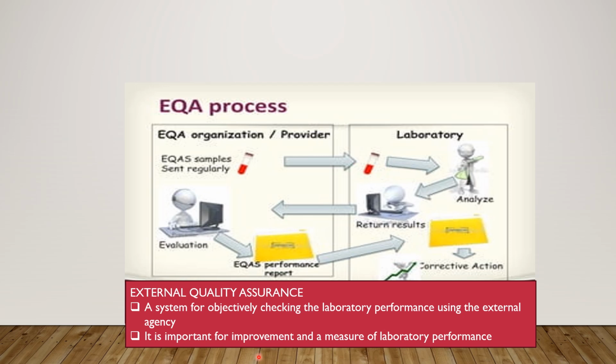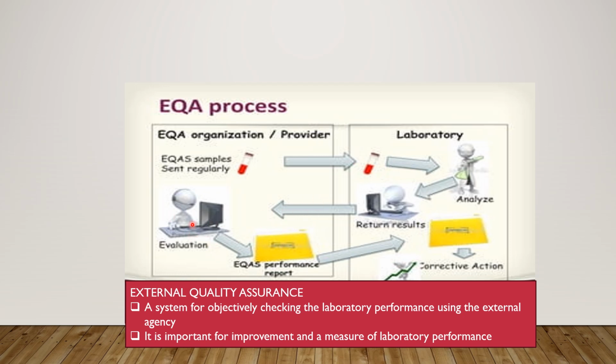In the same way, the external agencies regularly send external quality assurance samples to the laboratory for testing. The concerned laboratory analyzes the samples and returns the results to the agencies.